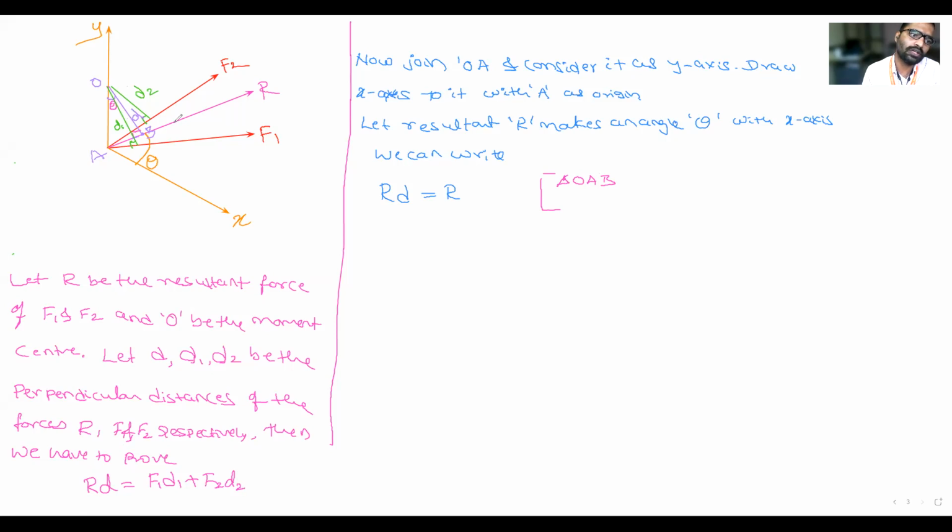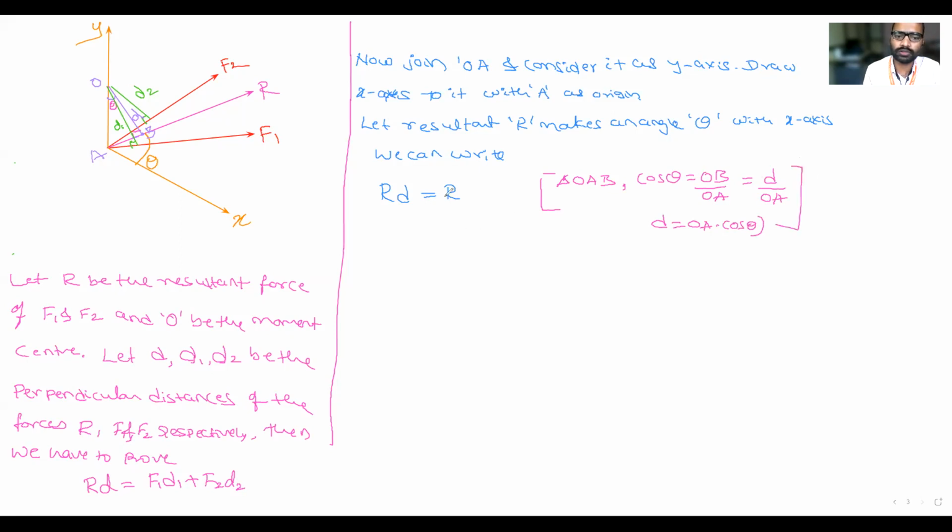Cos theta is equal to OB upon OA. Is it correct? OB is D, so D divided by OA is cos theta. I want the value of D, so D is equal to OA cos theta.